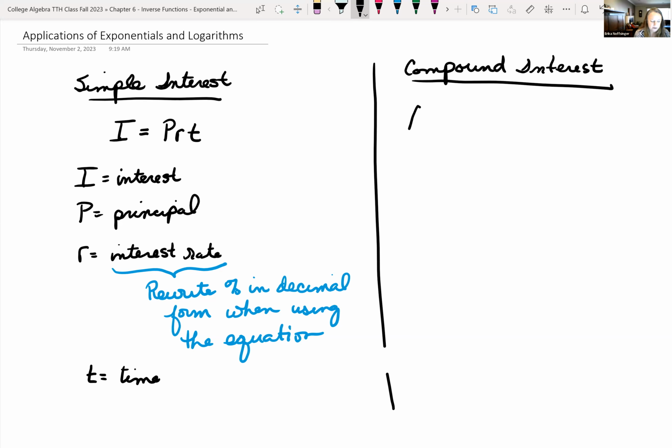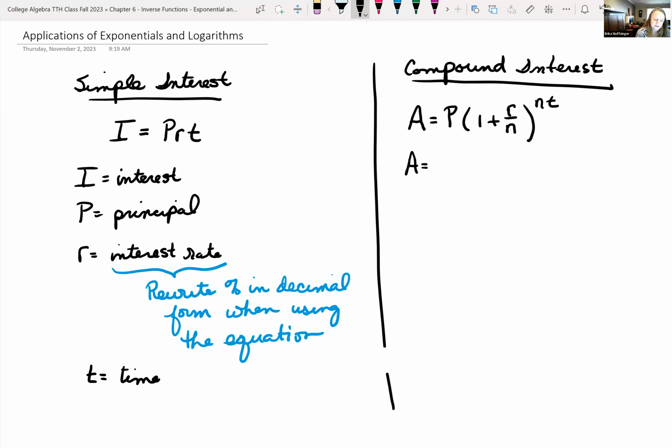Our amount that we're going to get back, or the amount that we're going to owe, depending on if you're investing or borrowing, is equal to P all times the quantity 1 plus r over n, and this is all raised to the n times t exponent.